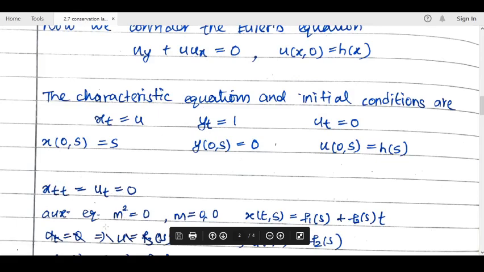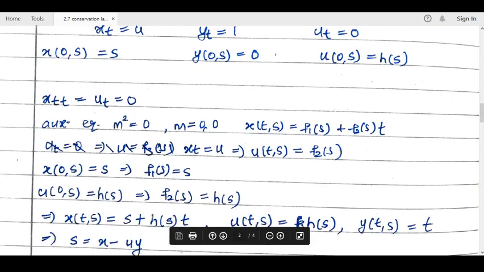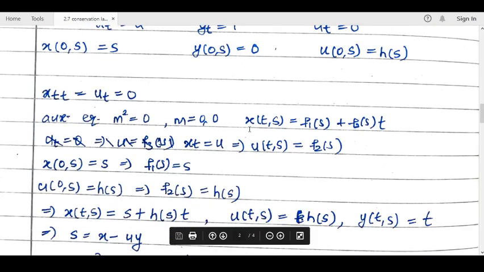Its auxiliary equation is m squared equal to 0, so the roots are 0, 0. 0 is a double root. So we can write the solution x as some constants, and the constants are functions of s, which we have already studied. I can write x as f1 of s plus f2 of s times t. This is just like c1 plus c2 t.